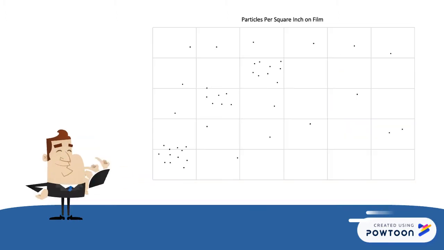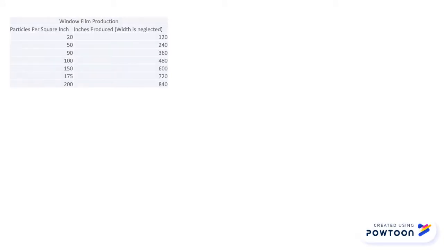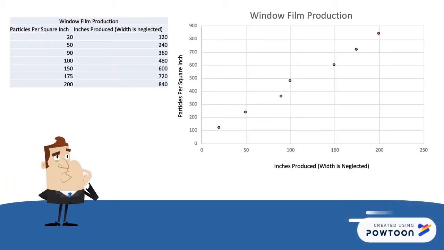Or in an engineering setting, we could look at the particles per square inch on film being produced, whether it's going to be approved to be sold or not approved to be sold. And we could look at it in terms of how much we produce and whether or not 10 feet or 70 feet, 100 feet, 1,000 feet would be able to be sold because the particles per square inch are low enough.